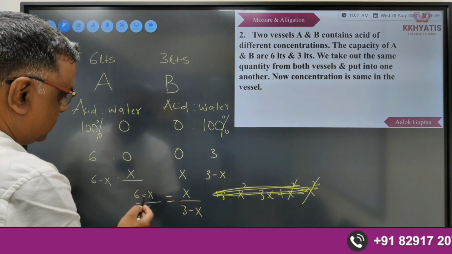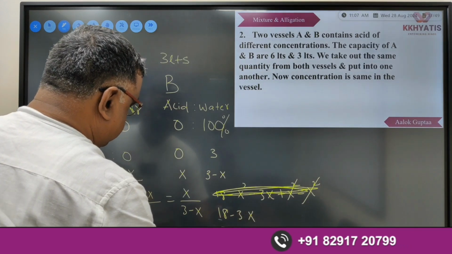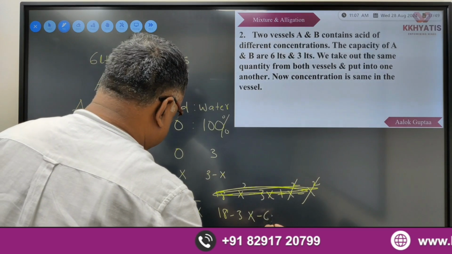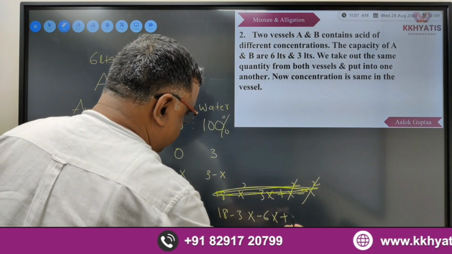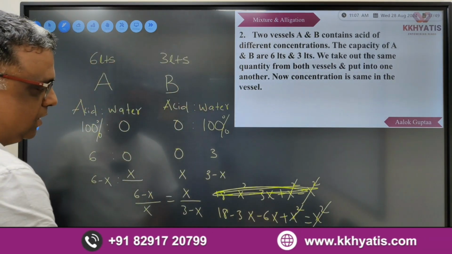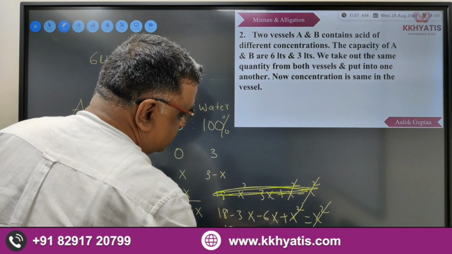If I calculate this cross multiplied, 18 minus 3x minus 6x plus x square equals to x square. So that's the equation, right? So this becomes 18 equals to 9x, which means x equals to 2.